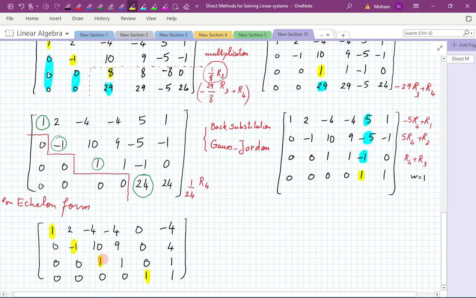So what we do is that we are going to take this one and eliminate the 10 above it. So we are going to take that and eliminate this 10 and this minus 4. So the last pivot here, we use the entries above it. Next pivot, we are going to use that to reduce the entries above that, and after that it's going to be time for this one.